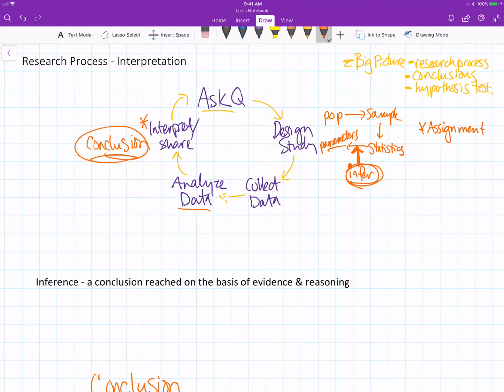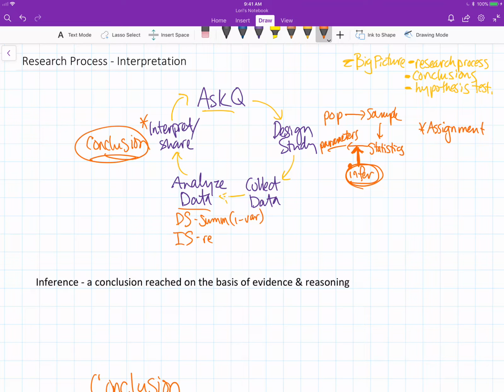Also, if you remember, when we're analyzing data, we often have descriptive statistics, so we're summarizing usually one variable all by itself. But then there's also this notion of inferential statistics, and I'm just going to abbreviate IS, and that's where we're looking at relationships.